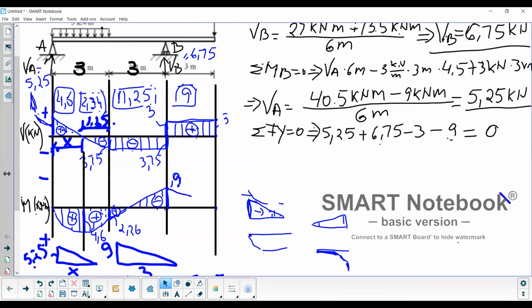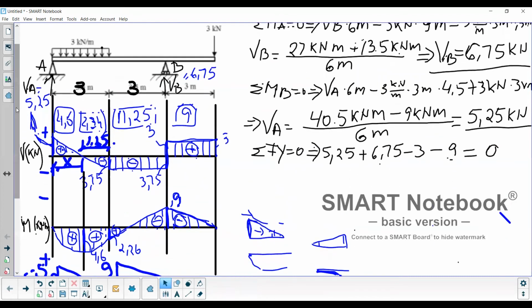We're going to end up exactly at this point because the value of the area of this shear diagram is 9, which is exactly what we want. This is exactly what you have to end up at. You have to end up at 0. Otherwise, you didn't draw your diagram correctly. This looks a little bit messy, but I hope that makes sense to you. And if you have any questions, please ask.